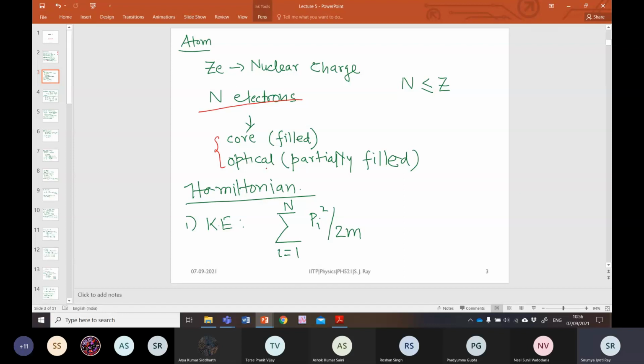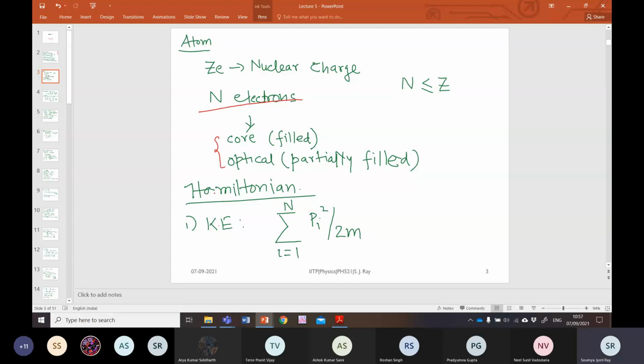However, optical electrons usually stay in the outer shells, and they can be partially filled also, which means they are a little easier to knock off, or they are available at a lower energy cost if we want to get them.